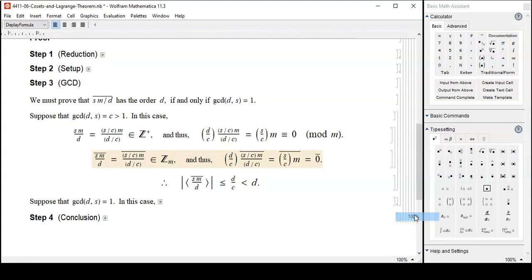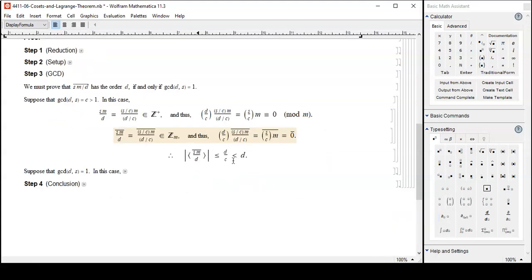So what do you get? The order of this Sm over d bar is that integer d over c or less, strictly less than d.